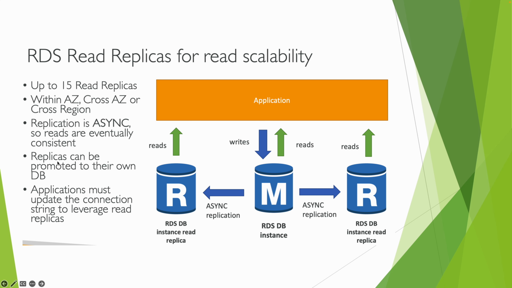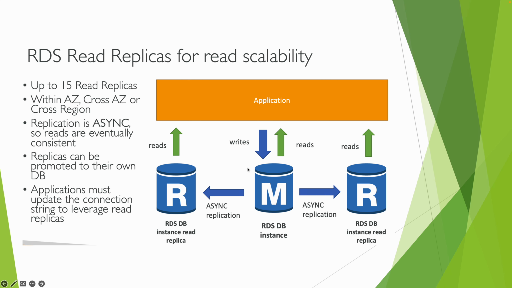Read replicas can be promoted to their own database. Say that for some reason this master instance went down. Whenever that happens, we can promote any of these read replicas to master instance, because all the data available in the master is also available in the read replicas.